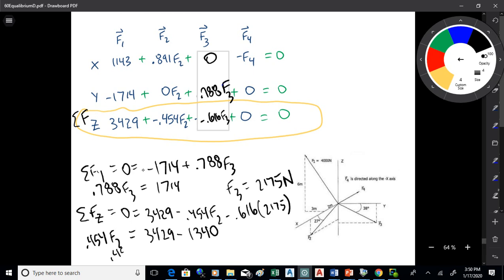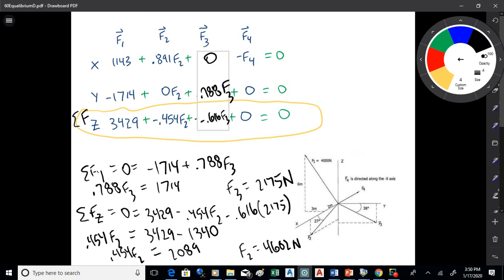So 0.454 F2 is equal to 2089, I think. We divide that by 0.454 and we get 4602. And that gets you F2. And then the last unknown is F4.